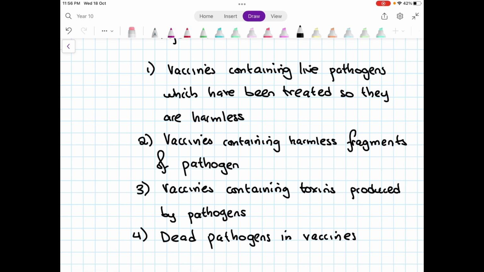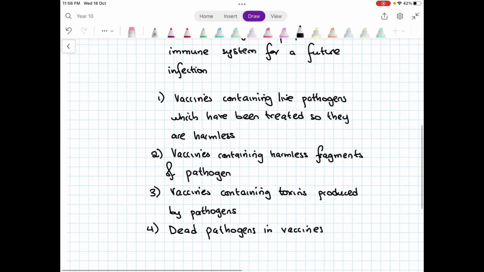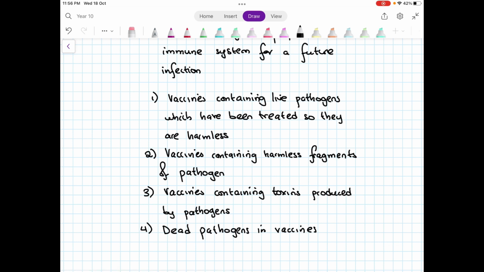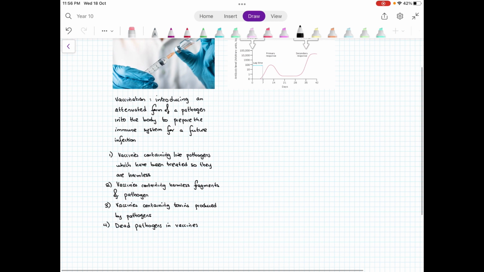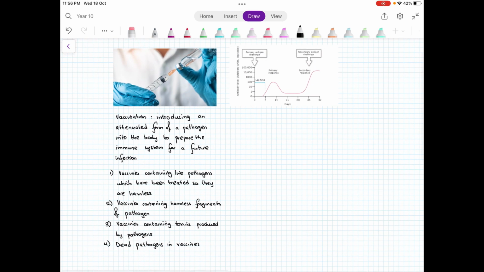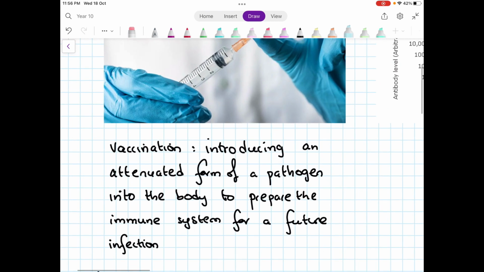And these are just the types of vaccines that we have to come across in IGCSE, but there are different types, including the mRNA vaccine, which was used for COVID. So let me just go ahead and highlight some keywords.